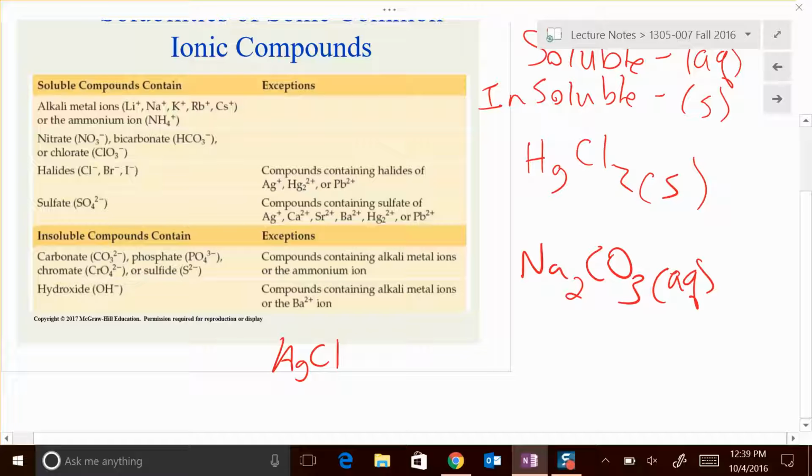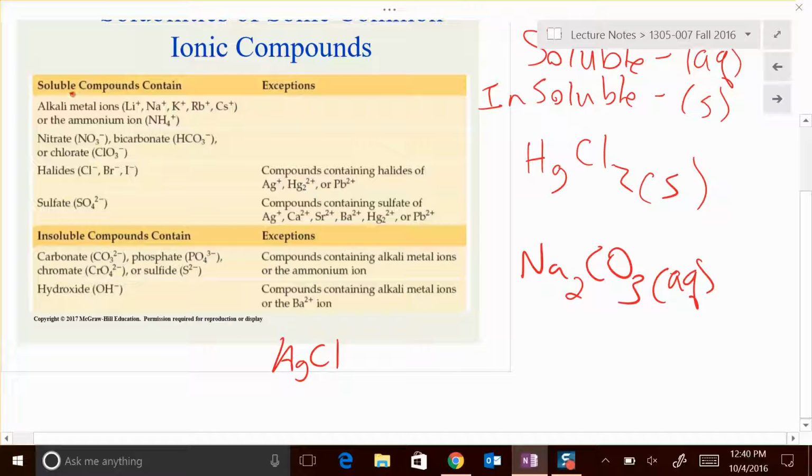It's insoluble. Why? Chlorines are soluble, but silver is an exception to the solubility of chlorines. So silver chloride is insoluble.